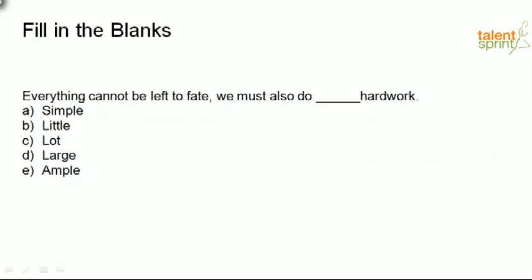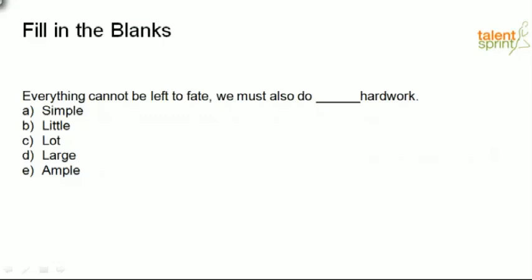So here, if I have to come up with my own word to complete the sentence, I'm again using the substitution method. Everything cannot be left to fate. We must also do some amount of hard work or sufficient hard work, right? Sufficient enough to meet that particular purpose or need.